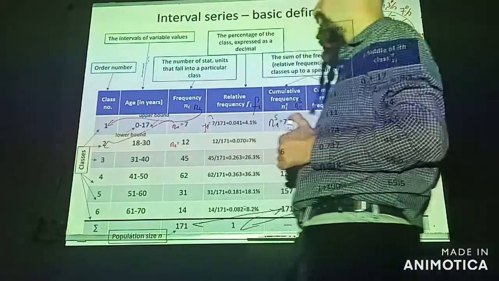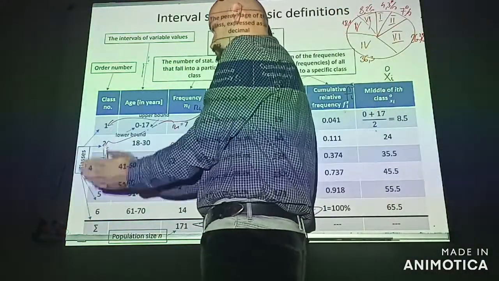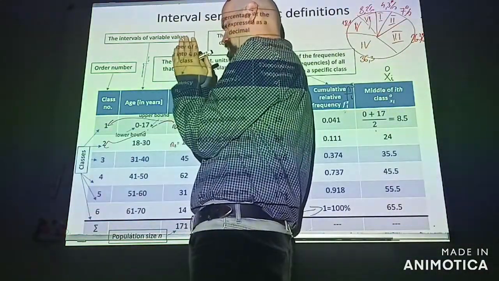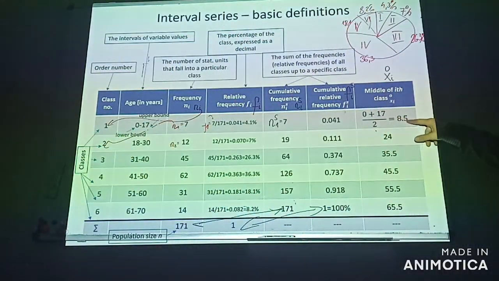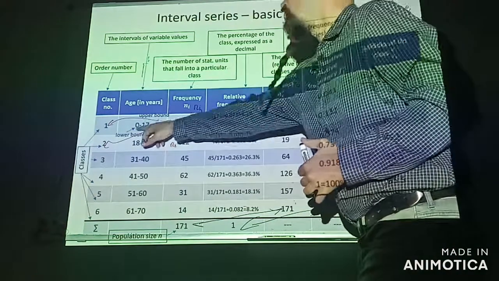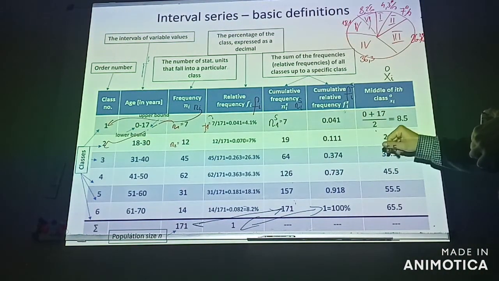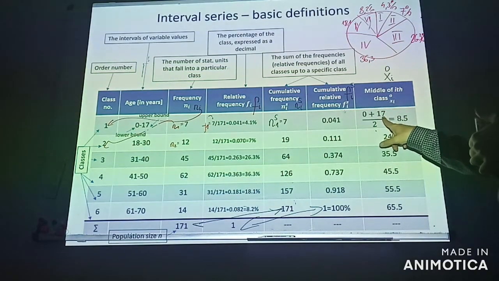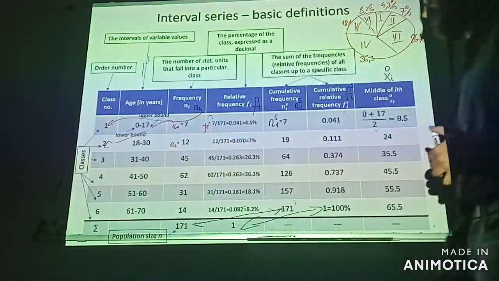The value exactly in the middle between 0 and 17 is 8.5. How to obtain that value? Lower bound of the class plus upper bound of the class, divided by 2. So it's the arithmetic mean between the lower and upper bound of the class.